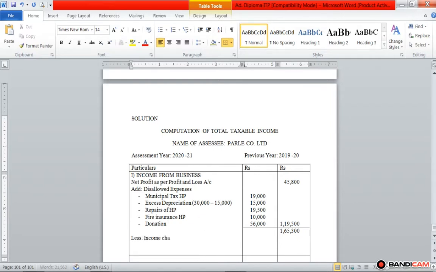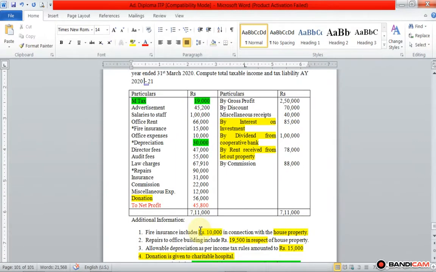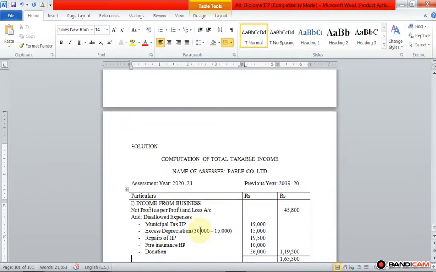Then we deduct income chargeable under other heads. So here the first income is interest on investment 85,000.